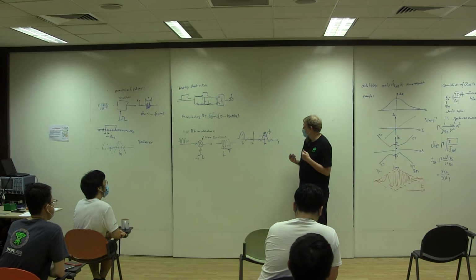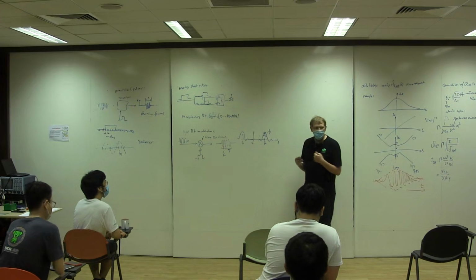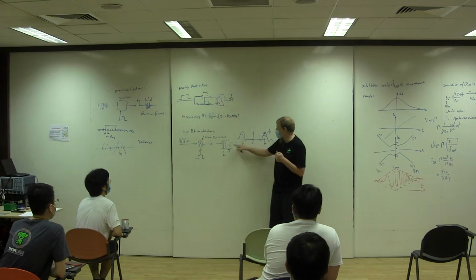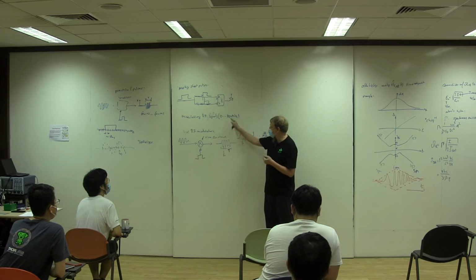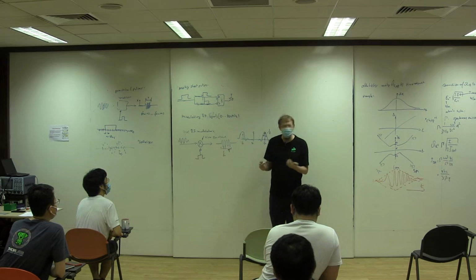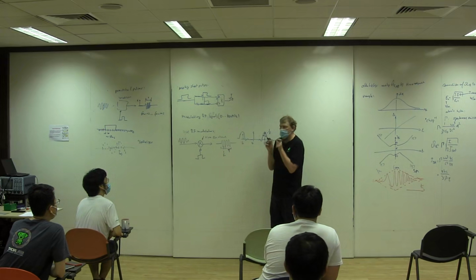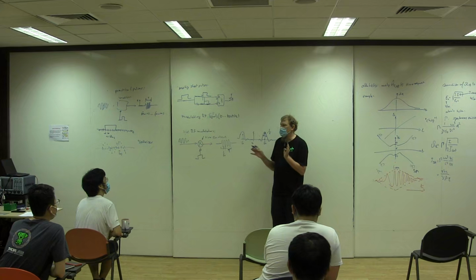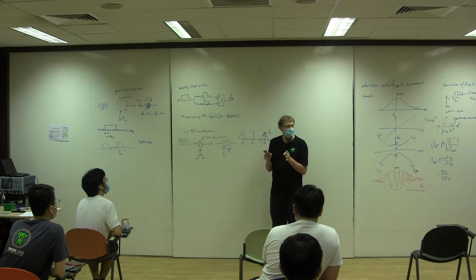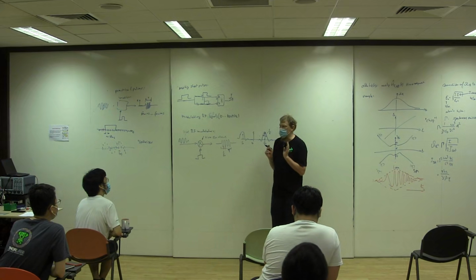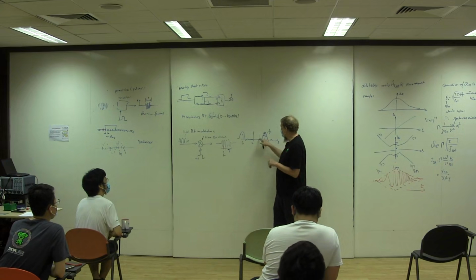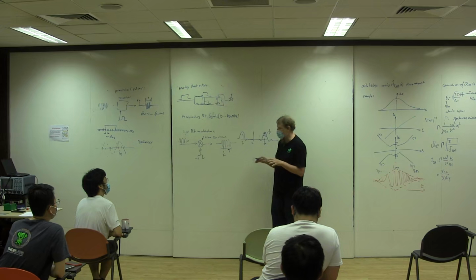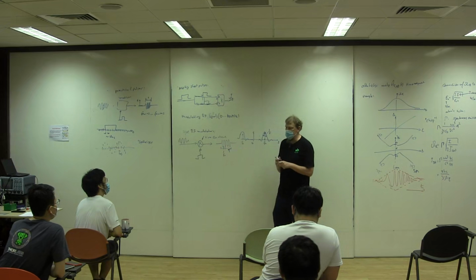And that can easily hit you in a practical system when you work at a frequency of 200 megahertz, a common AOM frequency, and there's a narrowband filter somewhere that suppresses everything outside 200 megahertz plus minus 20 megahertz or so. Then you can easily cut away parts of the frequency spectrum that would make you a nice pulse.